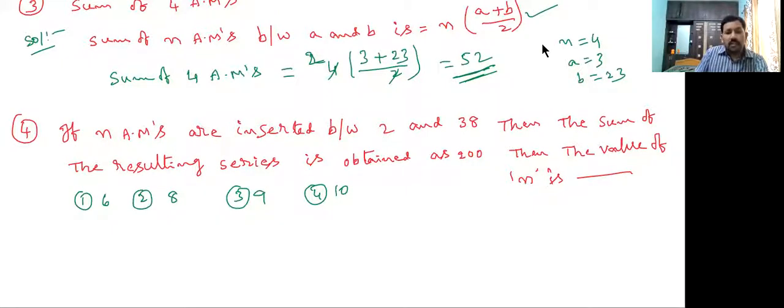The sum of the numbers means the sum of the n arithmetic means, and 2 and 38 are also included. Overall, n terms and 2 and 38, totally n plus 2 terms. How to write the formula?